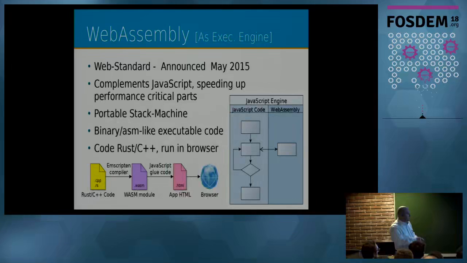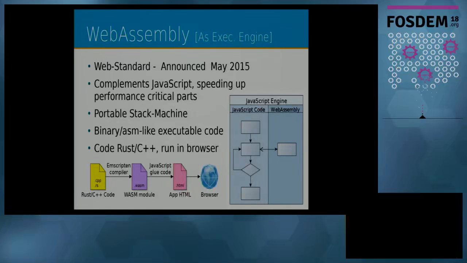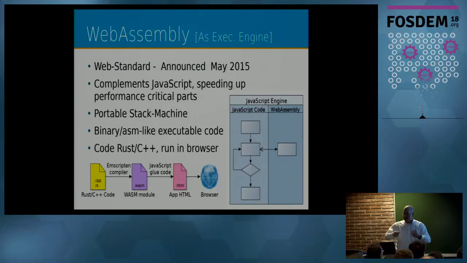The problem with JavaScript is that it's always heap oriented, and it's doing even mathematical operations requiring heap operations. So the idea is we introduce some kind of assembly code which will be called by the JavaScript to speed up performance critical operations.